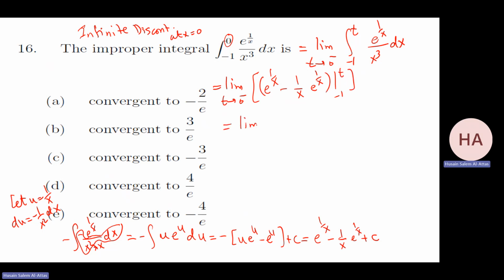That will be the limit as t goes to 0 from the left of e to the power 1 over t minus e to the power 1 over t over t, minus, what do I have here? e to the minus 1, minus, that will be plus e to the minus 1. Now be careful.